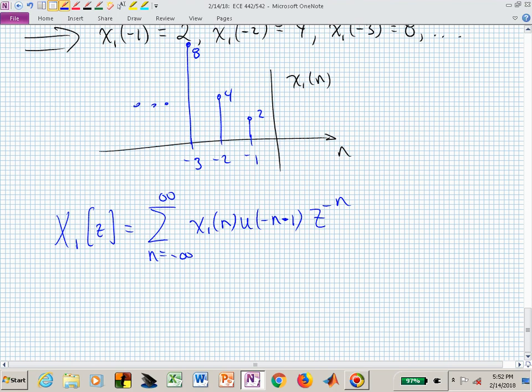And now that we have that switch in there, we can say this is from n equal -infinity up to -1, and now we can get rid of that switch. We can simply put in 1/2 to the n, z to the minus n.